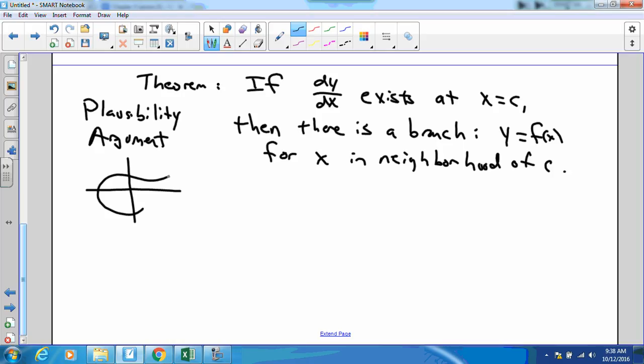If I have some weirdo implicitly defined curve like so, then, as long as dy/dx exists, in other words, not here or here at the vertical tangents, if we are at some point like right here, then I can draw a little piece of curve right there that is going to pass the vertical line test, because since my derivative exists all throughout here, my curve is smooth, and it cannot come back over itself to fail the vertical line test without dy/dx going through each other.